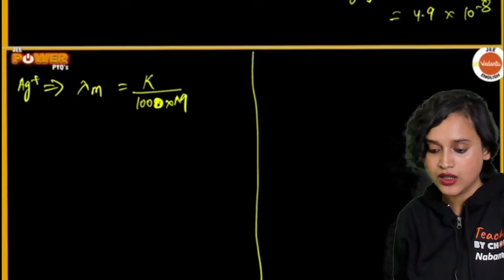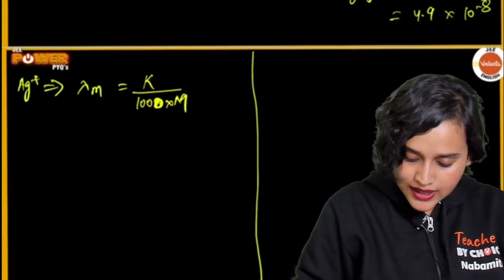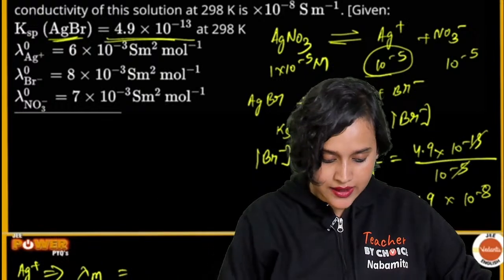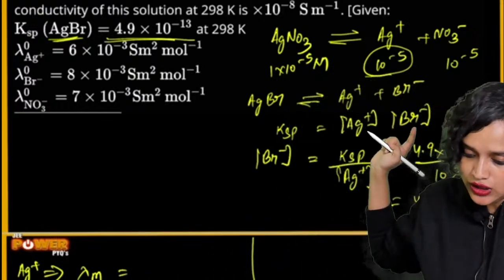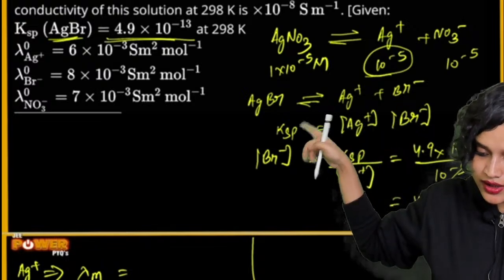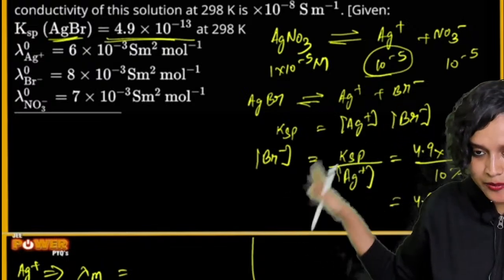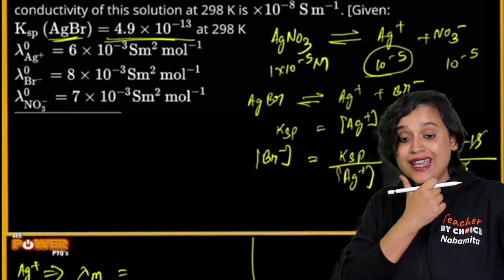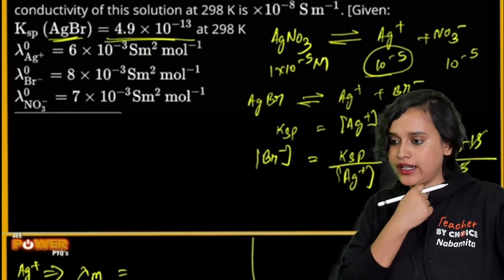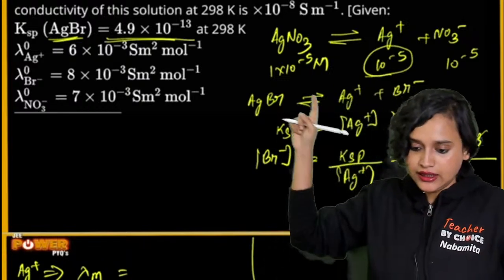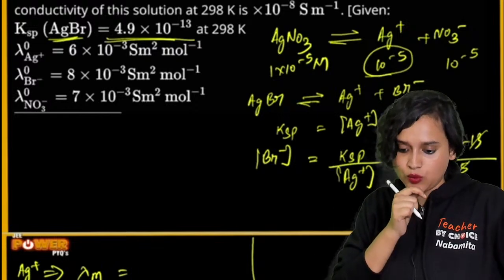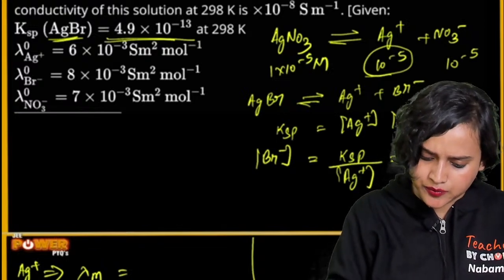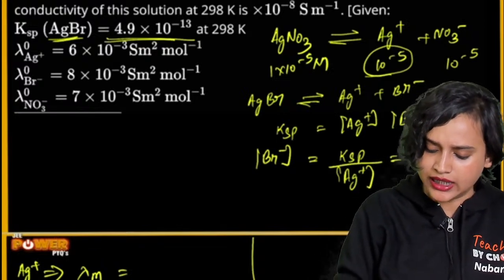We have figured out 4.9 into 10 to the power minus 8 for Br minus. Lambda naught is given. Now we are trying to figure out lambda m first, using K divided by 1000 into molarity. What is lambda m given to you? 6 into 10 to the power minus 3.